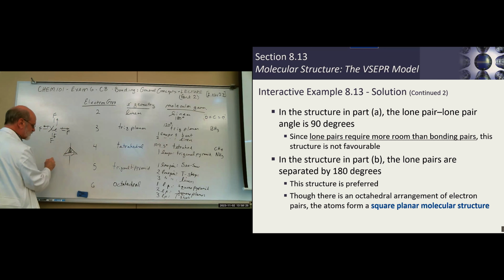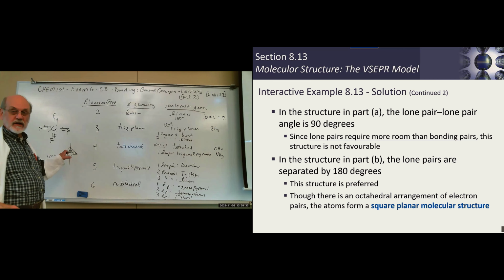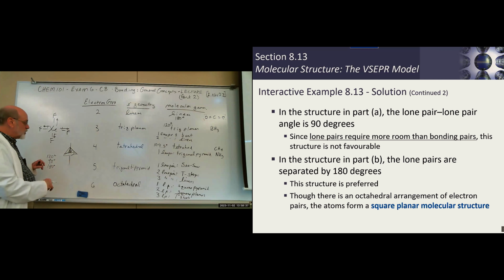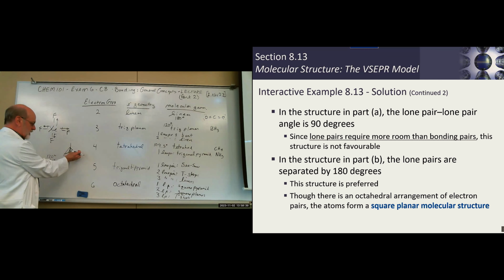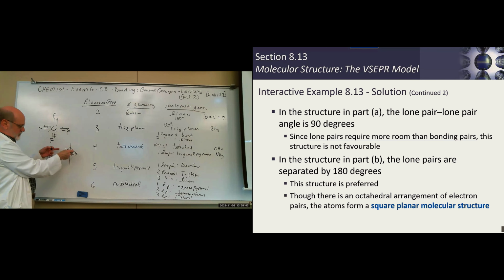So this one has the possibility of 120 degrees, 90 degrees, and 180 degrees. That's only if every position is occupied by an atom, right? If we remove an atom from this one, say from here, then you still have those possibilities because these two remain. And these two remain. So that doesn't change it much.